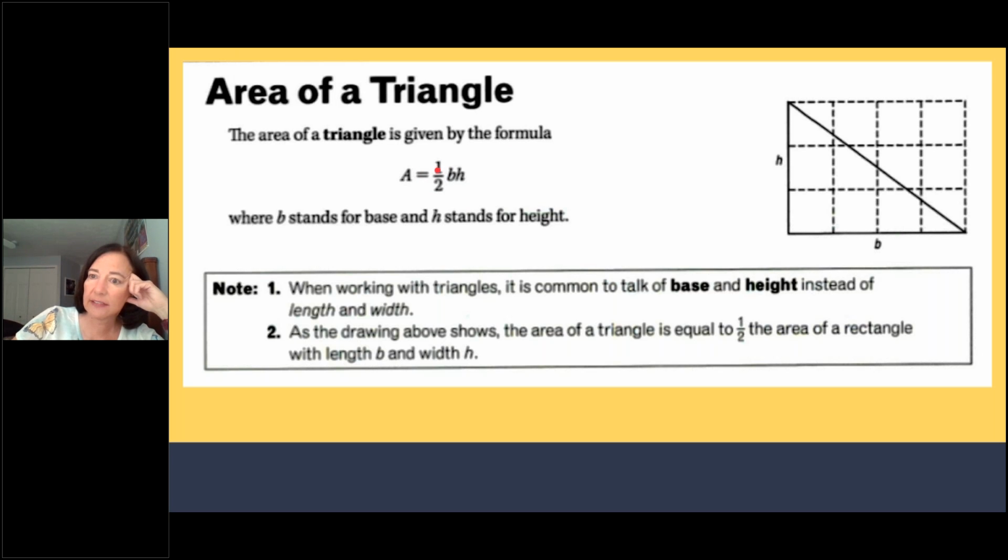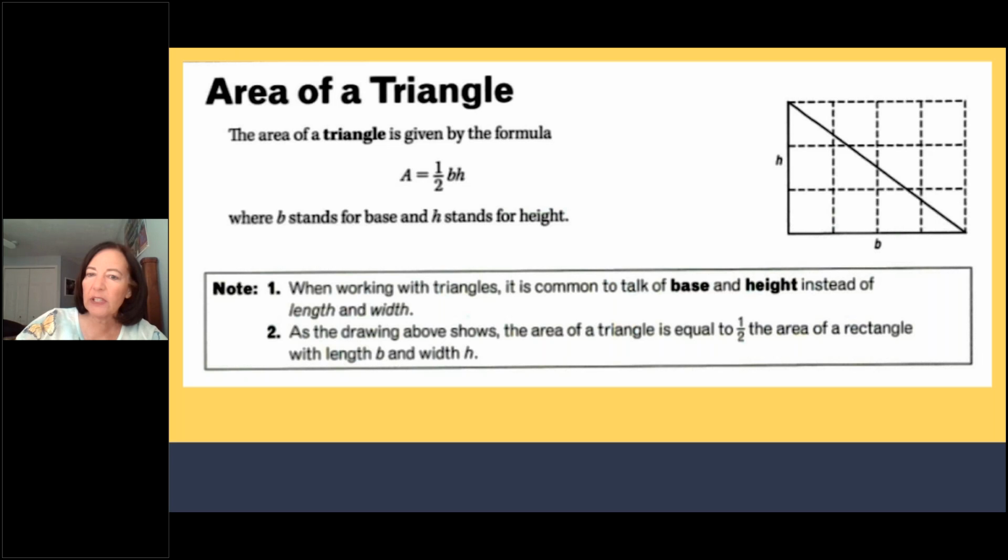I like this slide because it shows you why we do that. If we double the triangle, we will create a rectangle. This picture shows that any triangle is actually half of a rectangle. So base times height.